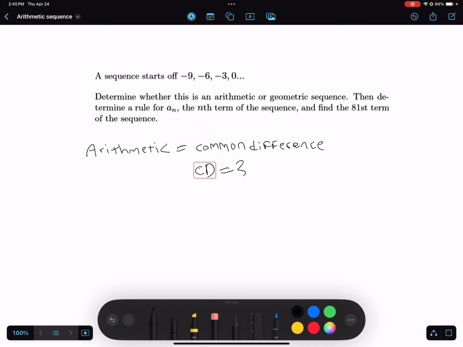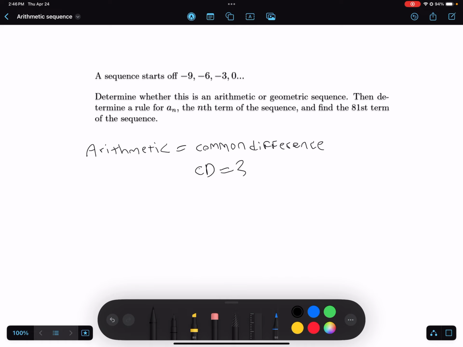This also confirms that this is an arithmetic sequence, not a geometric sequence, because a geometric sequence would have a common ratio, like for example, 2, 4, 8, 16, 32. All the terms are being multiplied by 2, so that ratio would be 2. But we're not multiplying terms here, we only have a common difference. So our common difference in this case is 3.